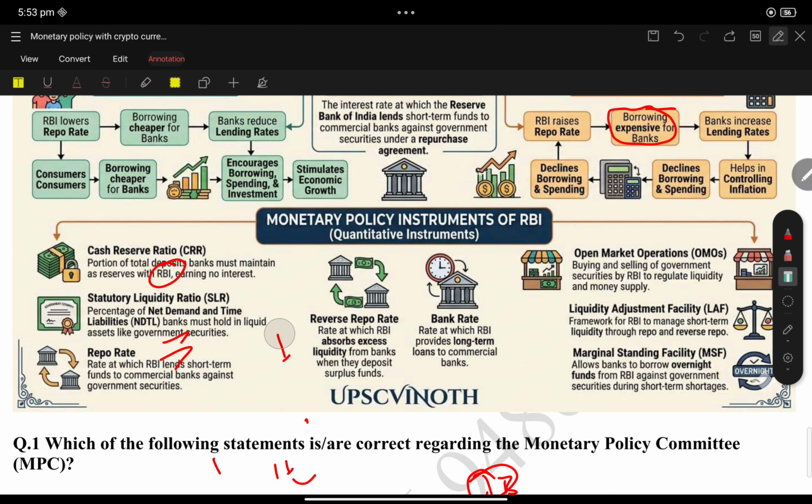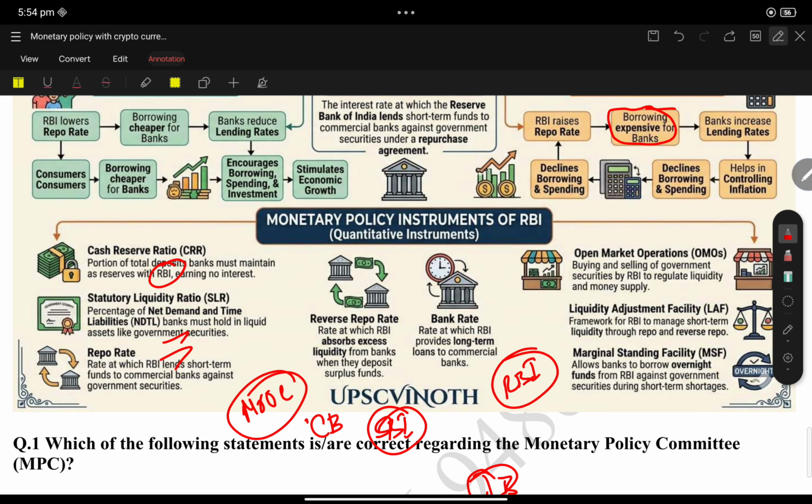Now, reverse repo rate. What is reverse repo rate? See, reverse repo rate is very easy. It is the rate at which RBI absorbs excess liquidity from the bank. The bank itself has more money. For example, SBI is having more money.